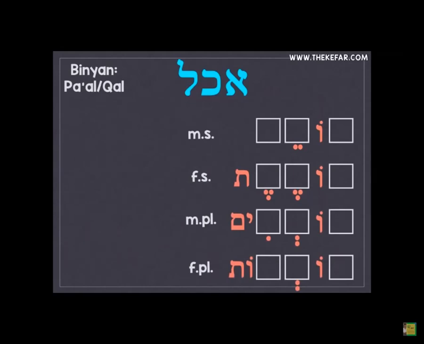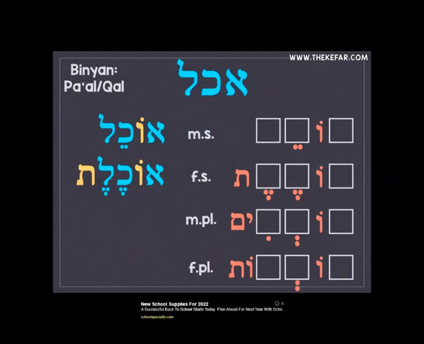So now we're going to go ahead and insert the letters from our shoresh into this so we can see what these actual words are. For masculine singular, we have ochel. Okay, so we see the letters of our shoresh, and we have the O and the E. Our vowel pattern is O-E, ochel. For feminine, our vowel pattern is O-E-et. With the letters of our shoresh, it's ochelet.